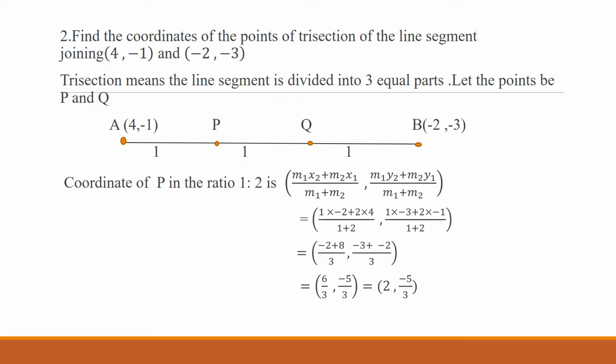Therefore, coordinate of P is equal to (1 into -2 plus 2 into 4) by (1 plus 2) and (1 into -3 plus 2 into -1) by (1 plus 2), which is (-2 plus 8) by 3 and (-3 plus -2) by 3, which is equal to 6 by 3, -5 by 3, equal to 2, -5 by 3. Therefore, we can say the coordinate of P are (2, -5/3).